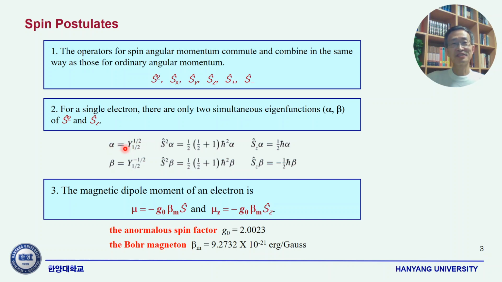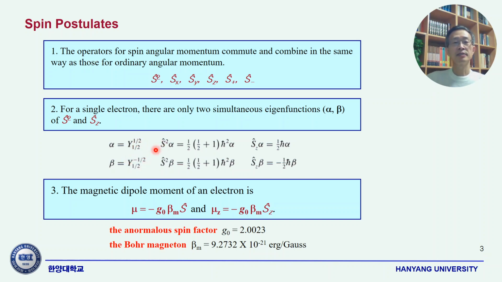Alpha just looks like a spherical harmonic, but in this case we have the S quantum number, which is 1/2, and then the M quantum number, in this case the MS quantum number, positive and negative 1/2.